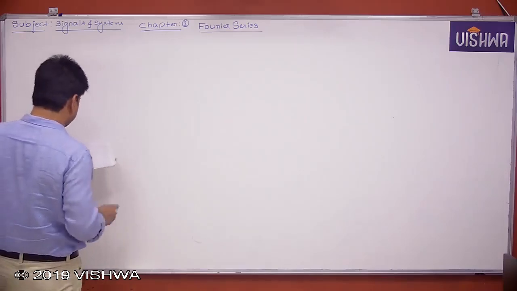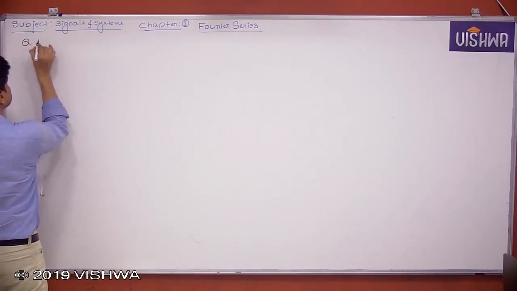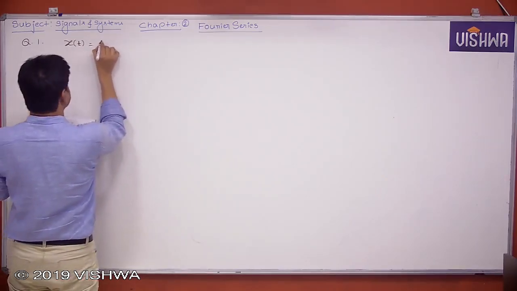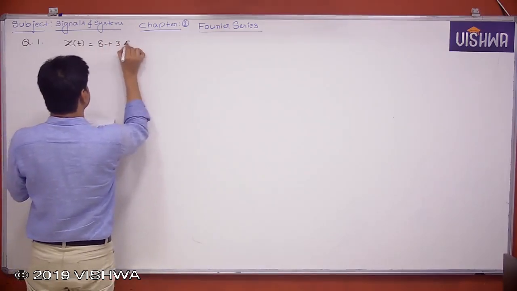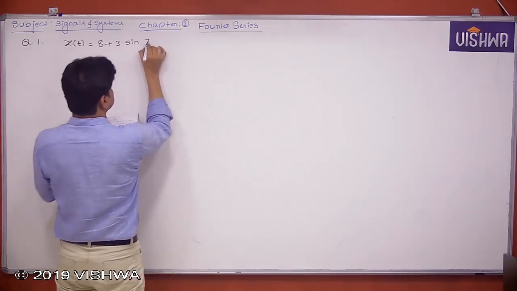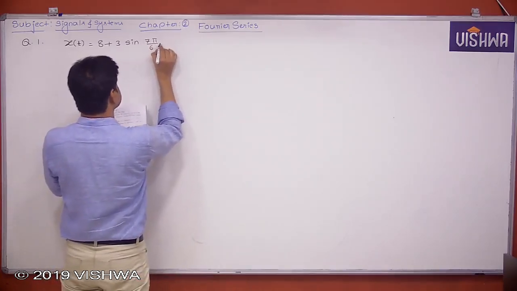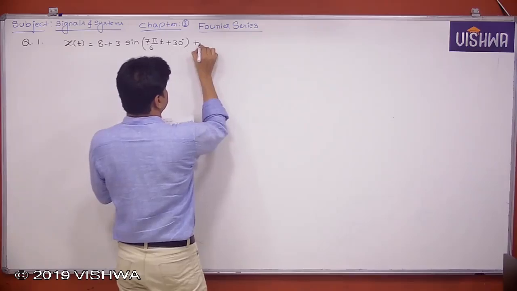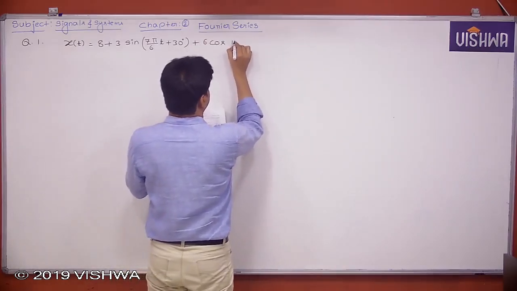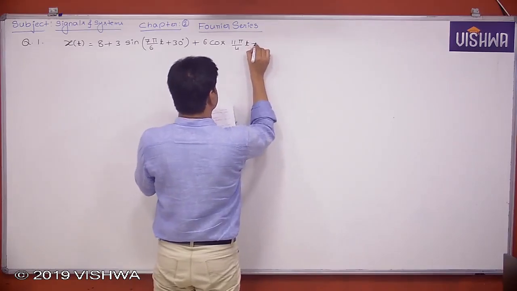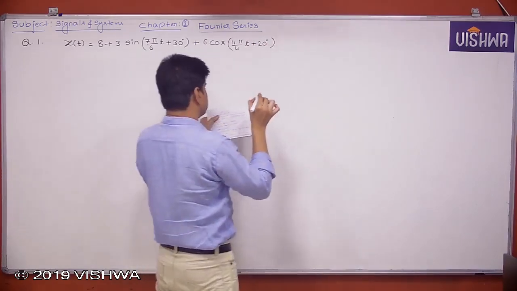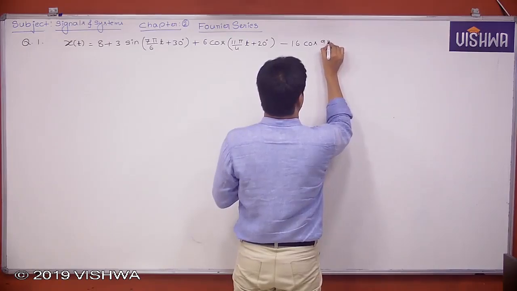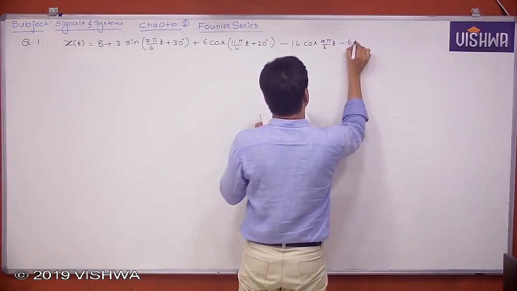Question number one. What it is saying is that x of t is given in the expression form 8 plus 3 sine (7 pi by 6 t plus 30 degrees) plus 6 cos (11 pi by 4 t plus 20 degrees) minus 16 cos (9 pi by 2 t minus 60 degrees).